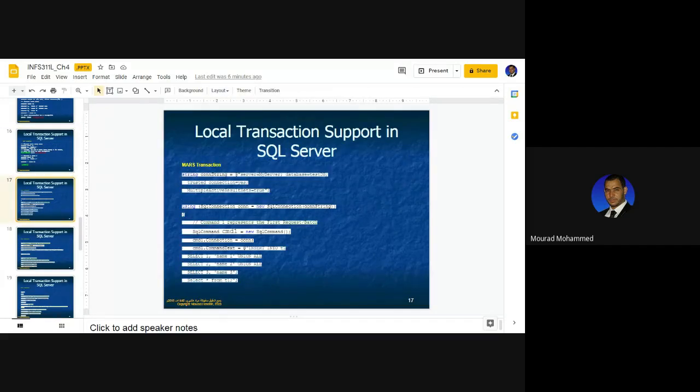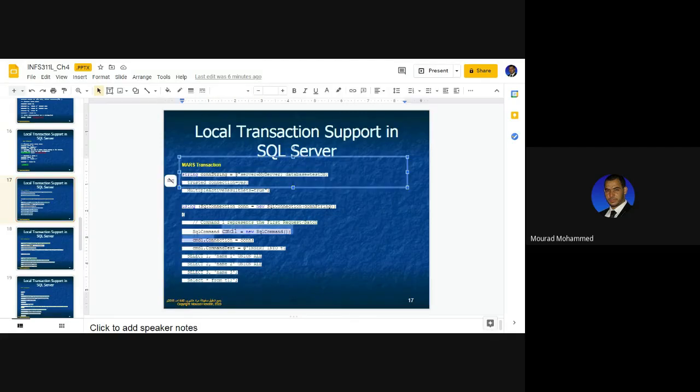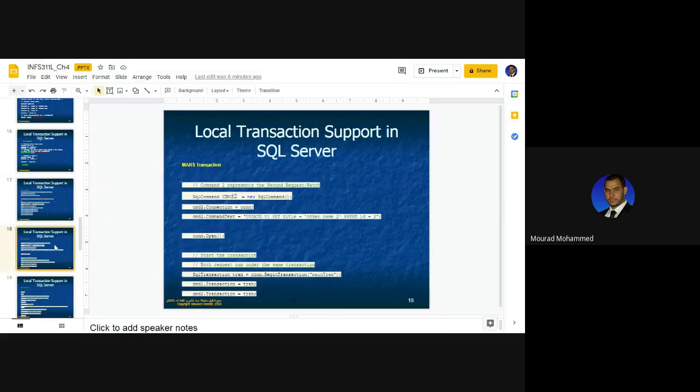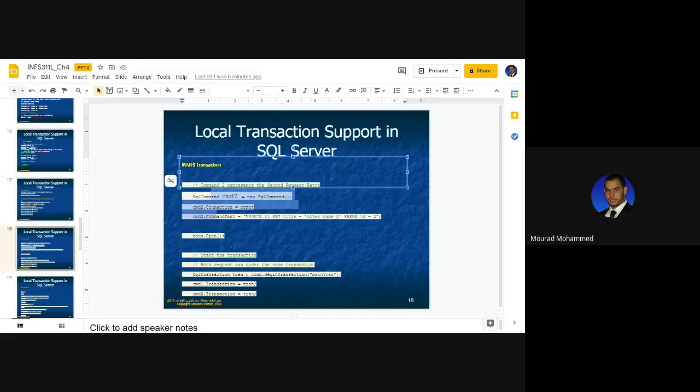here we have the start of a transaction, the beginning of a transaction. This transaction would start by creating command number 1, and it will also generate the content of the command. In the next slide, we are going to generate the second command, and this command would have its own queries.